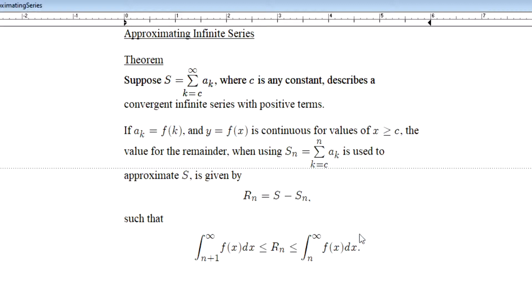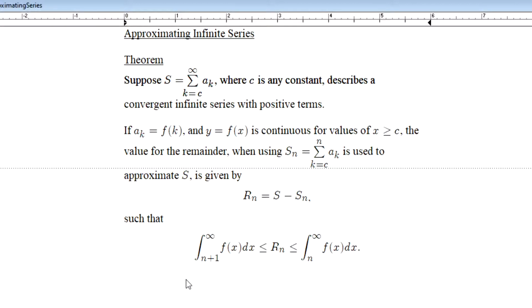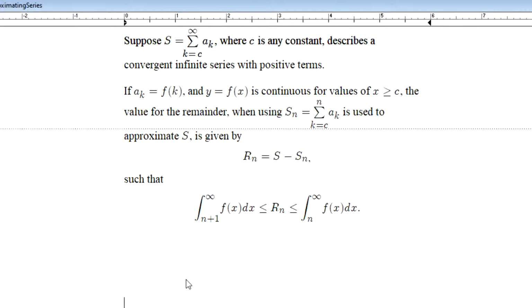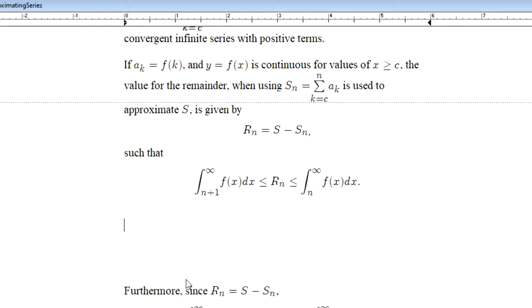This does go a little further, because we've discussed s sub n, and we've discussed r sub n and this result. How do we use those two to actually approximate s?